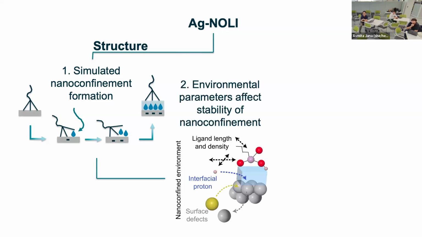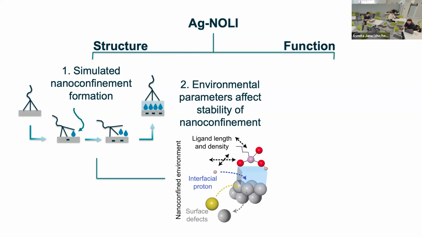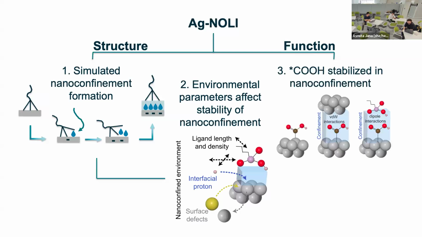And then we pushed on to looking at ways of creating it at not so negative potentials. We saw that some aspects of the environment can play a really critical role in stabilizing and forming it at lower potentials. After looking at the structural aspects, we then pushed on to function and looked at one specific reaction, or rather two, CO₂ reduction and HER.